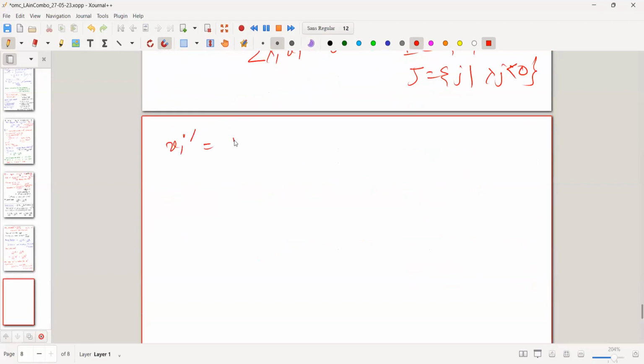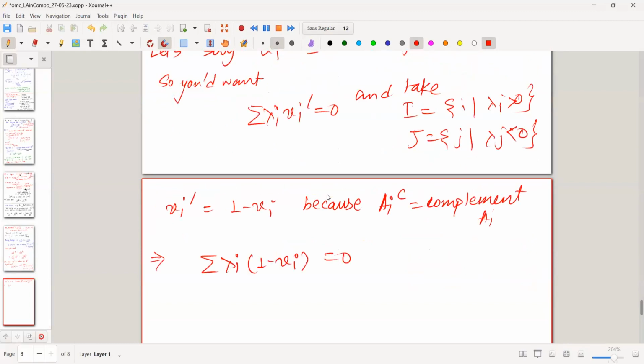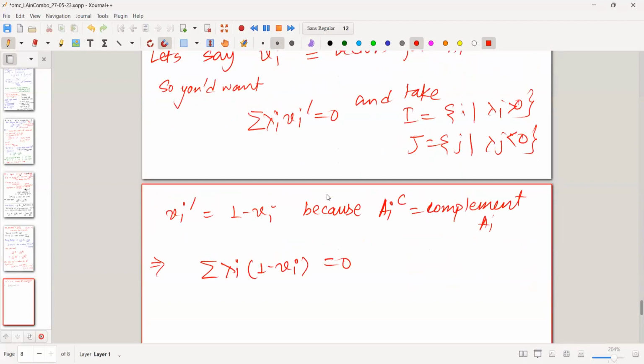Now what is v_i' in terms of v_i? Is it just 1 minus v_i, because A_i complement exactly avoids those elements that A_i has and has the other ones instead, right? So you need something like the summation of lambda_i (1 minus v_i) equals 0, and you need the same lambda_i's to work for my v_i's as well.